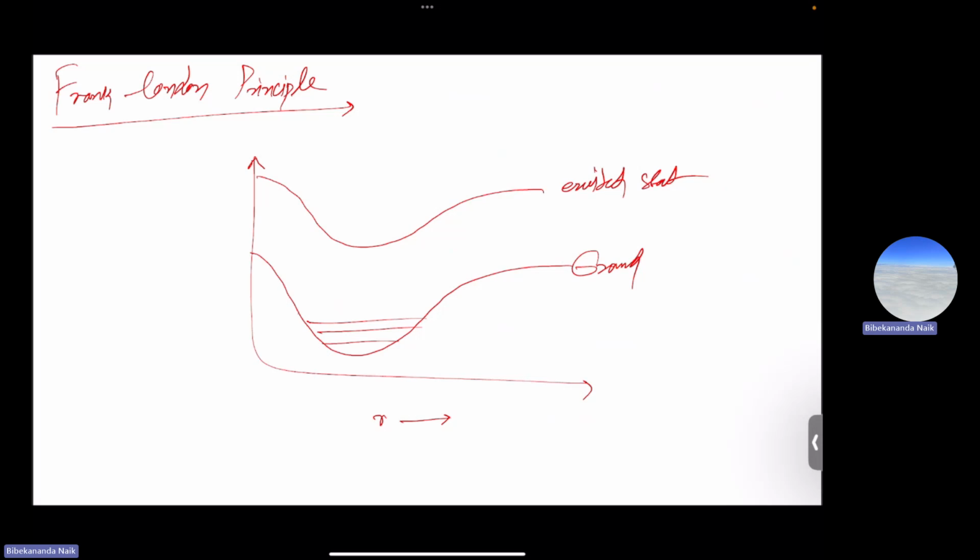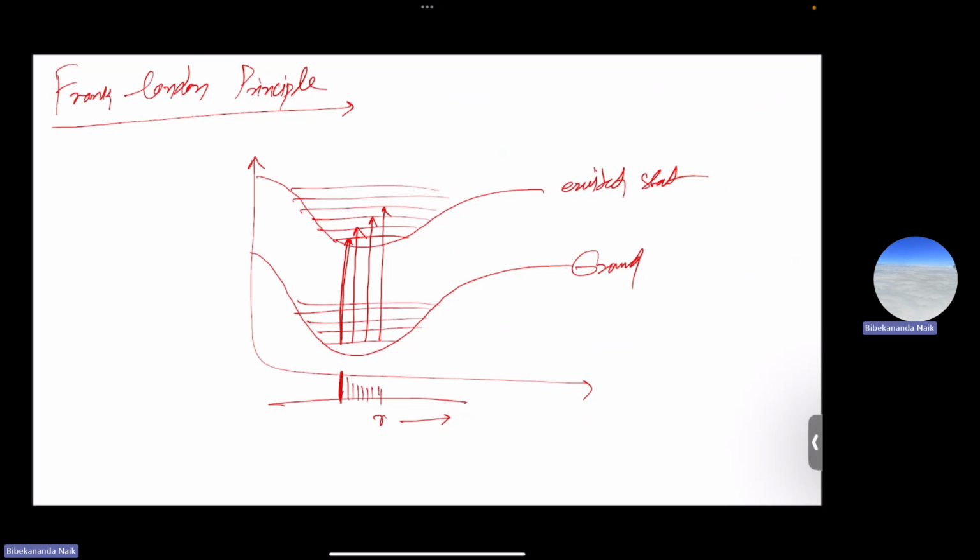Corresponding to each state there are different vibrational levels. The transition for which the levels involved are the bottom levels will have maximum intensity. For example, this is bottom to bottom, this is another transition, and this is another. So this transition will have the maximum intensity spectral line, and then there will be other lines corresponding to other transitions.